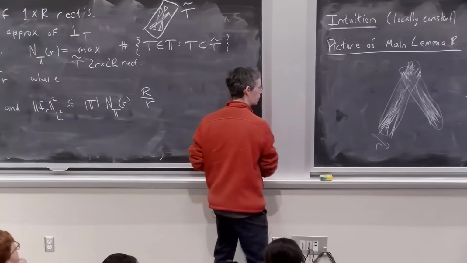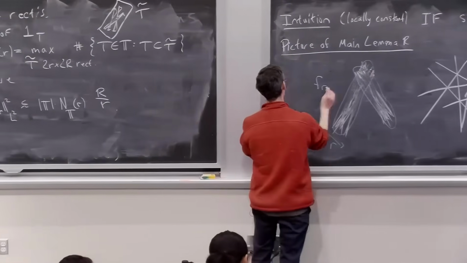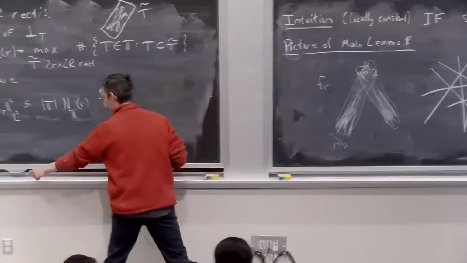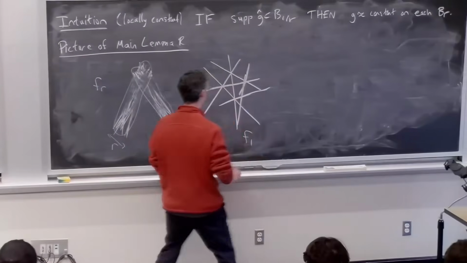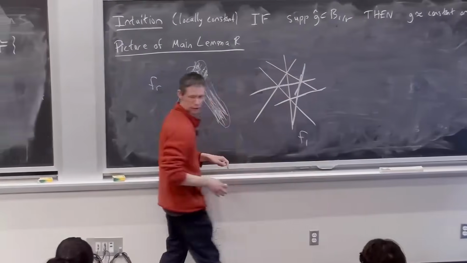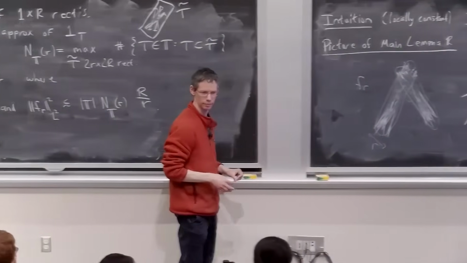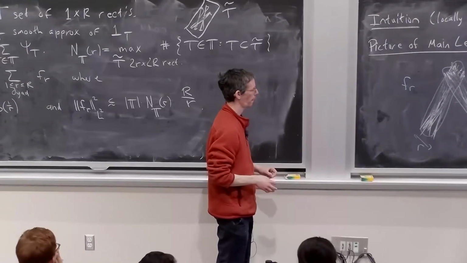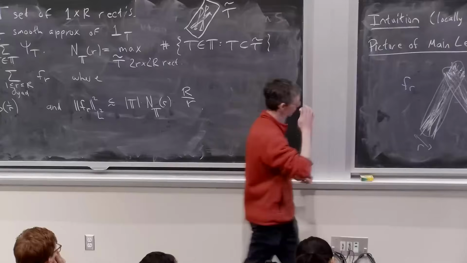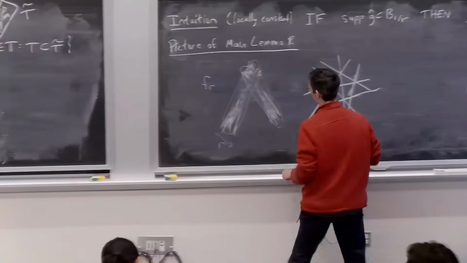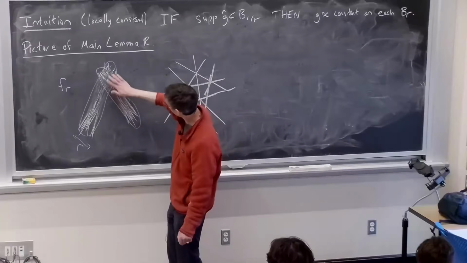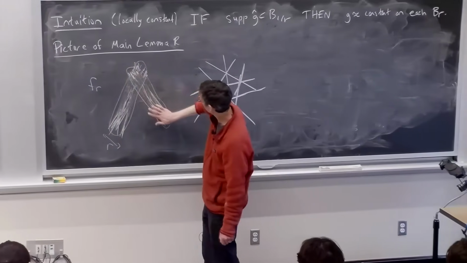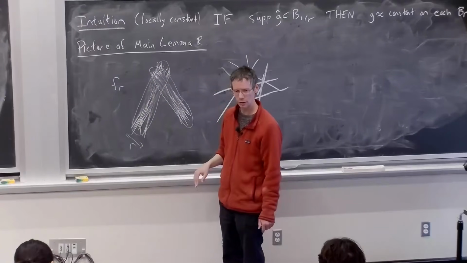So this over here in blue would be f sub r. And on the other hand, this over here would be f sub 1. All of this stuff is pretty high frequency. And notice that this f sub r is roughly constant on any ball of radius r.